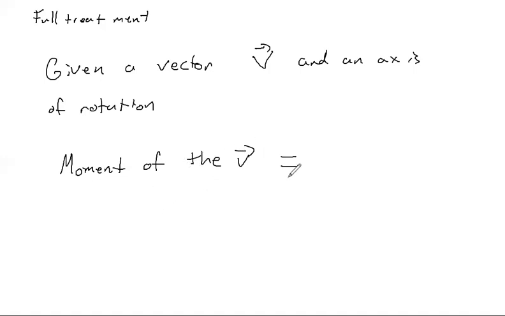It is defined to be the vector from the axis to the point where the vector field is defined, cross V. So this would be the moment of V.